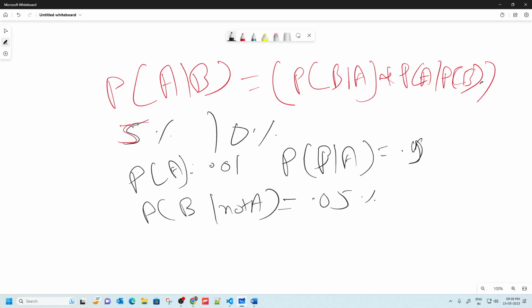So if we put it into the formula, let me write it into the formula.